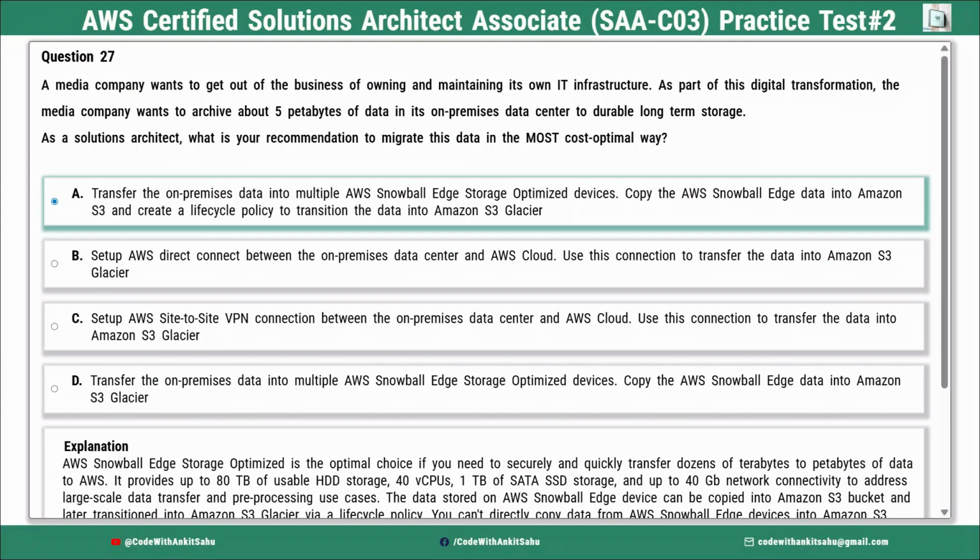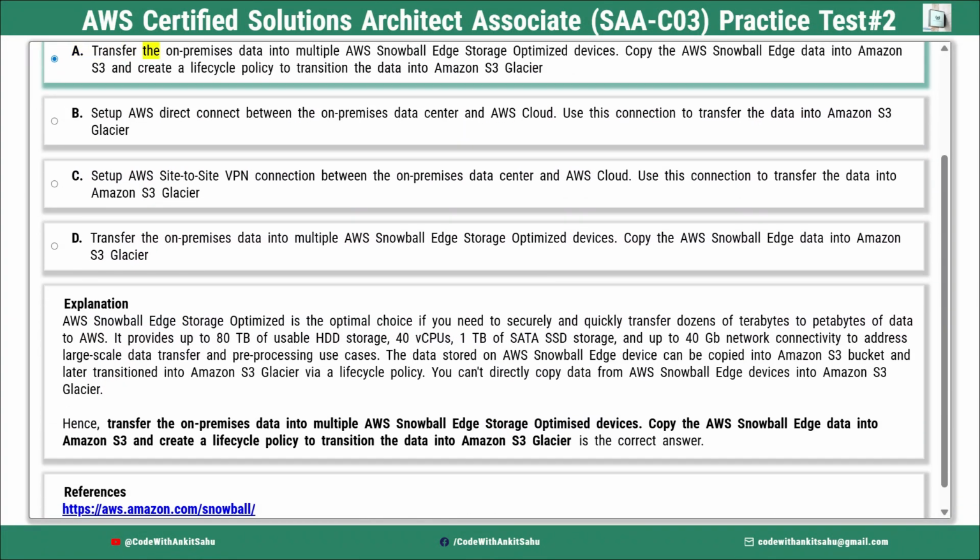Correct answer. Option A. Transfer the on-premises data into multiple AWS Snowball Edge storage optimized devices. Copy the AWS Snowball Edge data into Amazon S3 and create a lifecycle policy to transition the data into Amazon S3 Glacier.